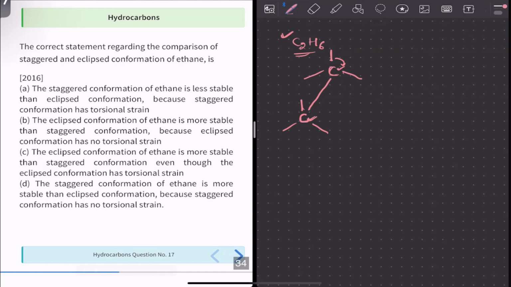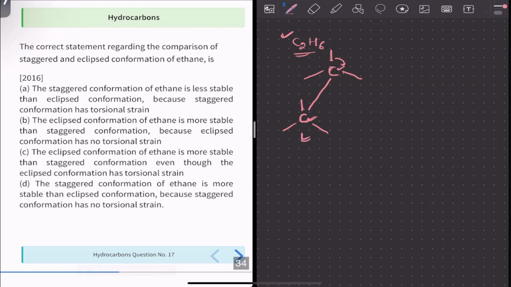But we have to know the two extreme isomers: one is staggered and one is eclipsed. In staggered, the hydrogen atoms or substituted groups will be 180 degrees apart, meaning they will face opposite to each other. But in the eclipsed form they will overlap each other.